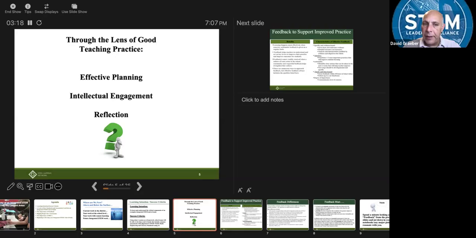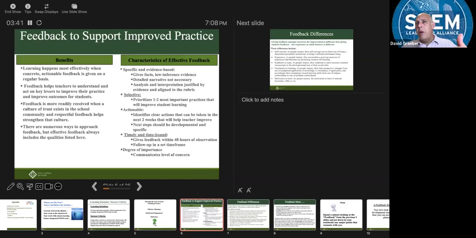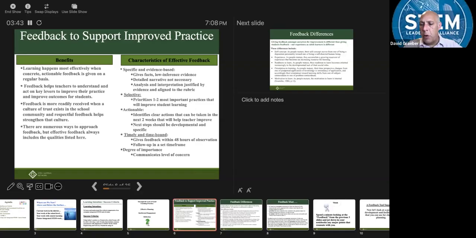So effective planning, intellectual engagement, and reflection are the three key levers towards developing an interdisciplinary or a transdisciplinary unit of study. These three pieces are the magnet around which this work takes place. When I talk about feedback, we know when principals walk into teachers' classrooms or when colleagues walk into one another's lab classrooms, the goal is to provide feedback to move the practices forward.